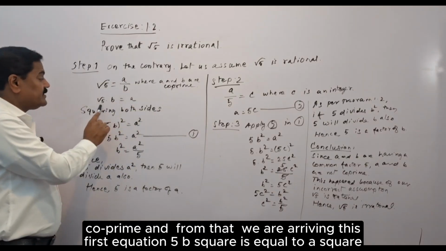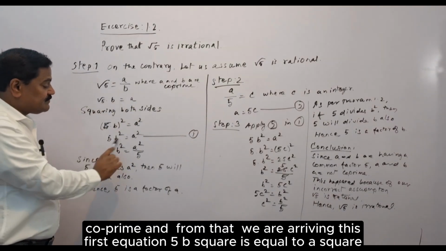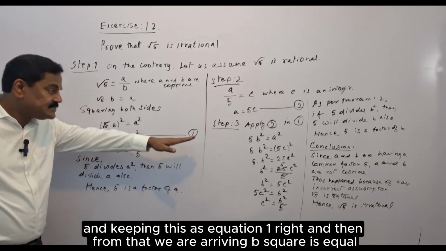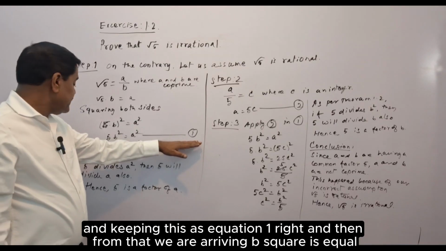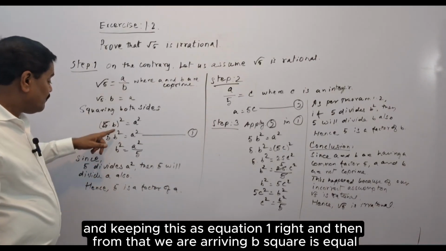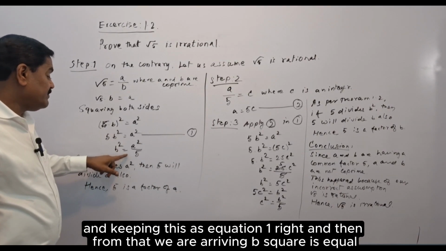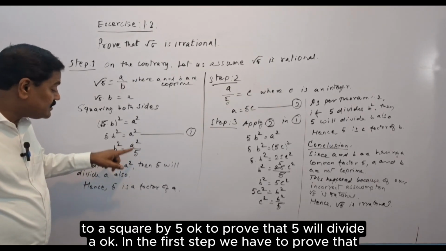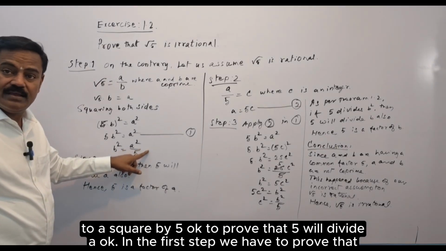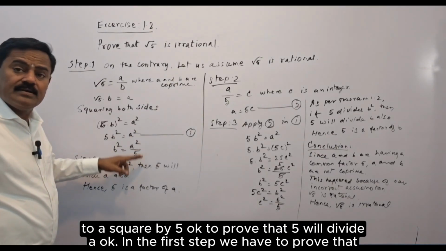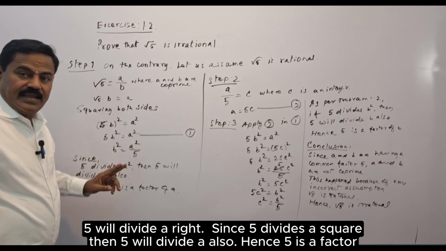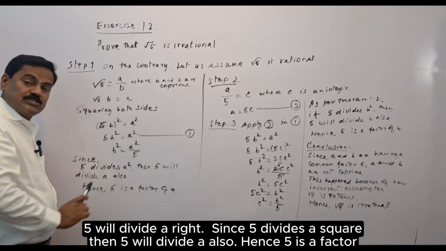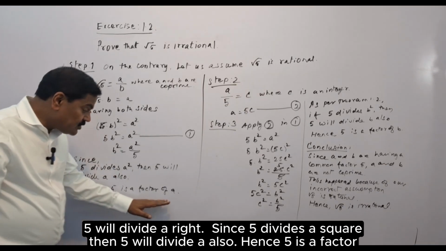From that, we arrive at the first equation, 5b square is equal to a square, and keep this as equation 1. Then we get b square is equal to a square by 5, to prove that 5 will divide a. Since 5 divides a square, then 5 will divide a also. Hence, 5 is a factor of a.